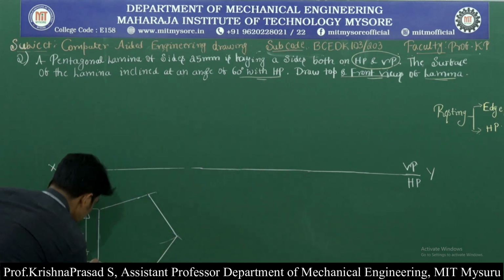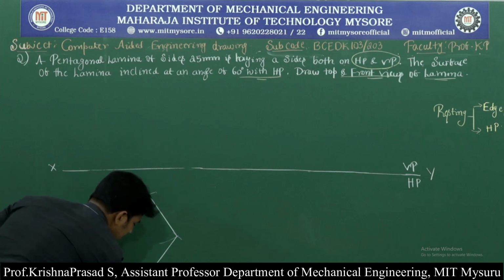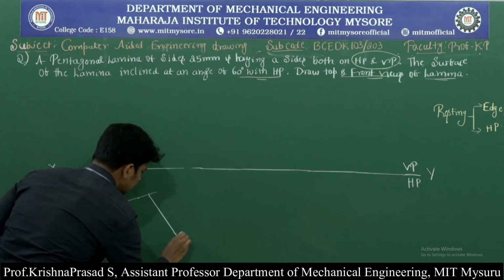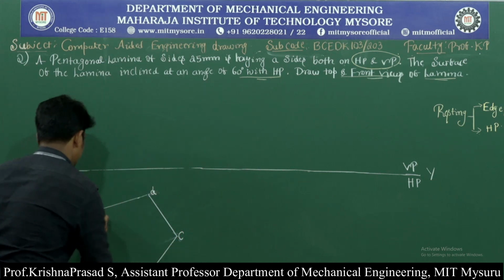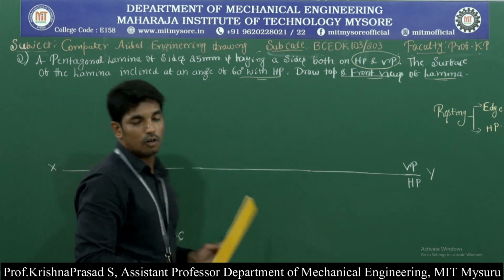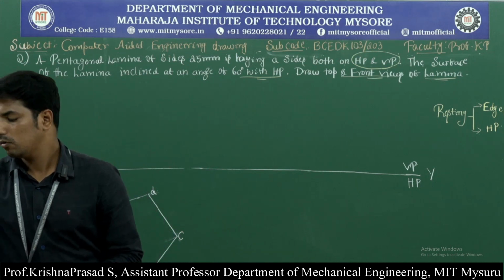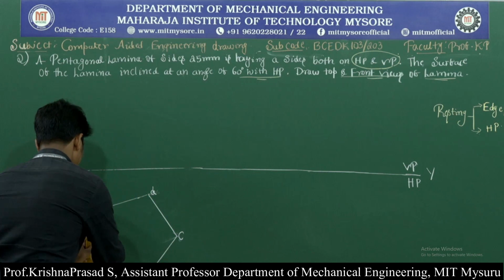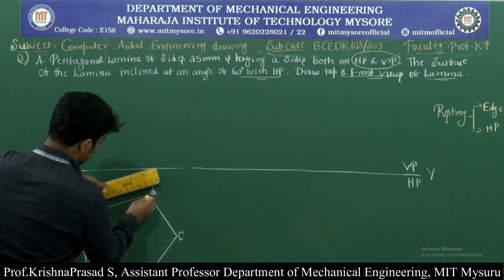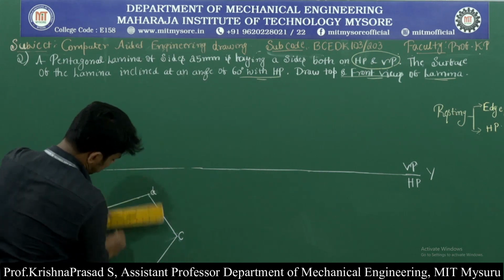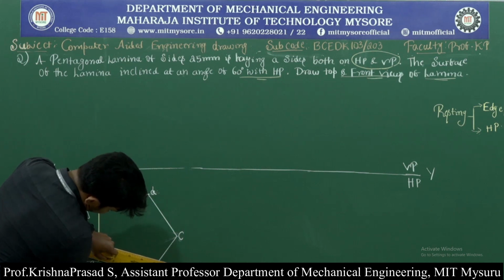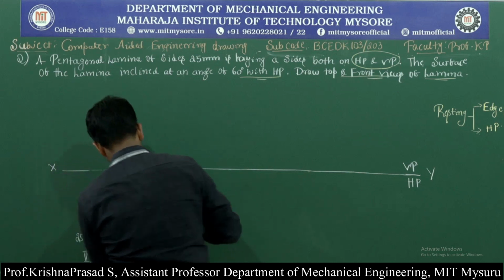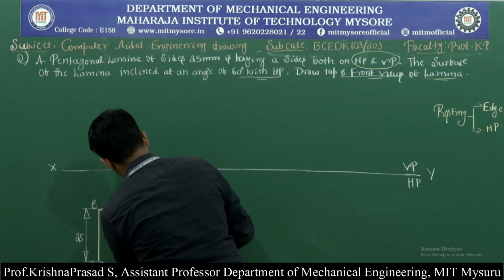Then name the corners A, B, C, D and E. After that we need to darken this entire pentagonal lamina with colour chalk piece, that is AB, BC, CD and DE.